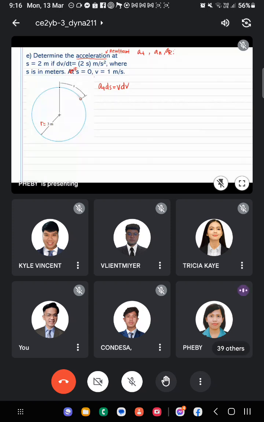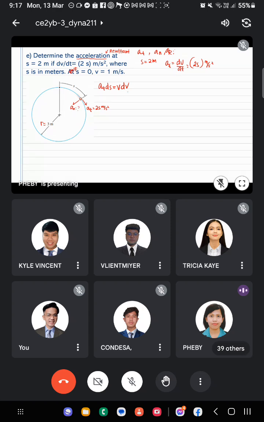But for this example, yung ating acceleration or dv over dt is equals to 2s meter per second squared. So, wala tayong velocity. Ang meron lang tayo is yung kanyang tangential acceleration at that instant. Yan yung ating a_t, which is 2s meter per second squared. So, kailangan natin si normal acceleration.